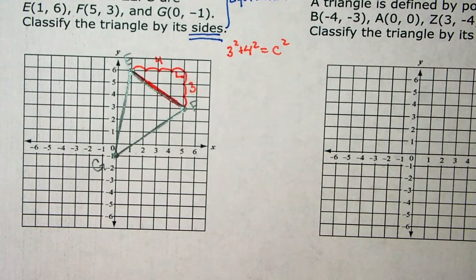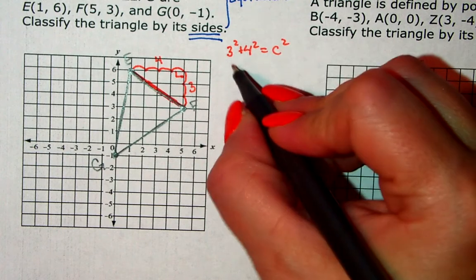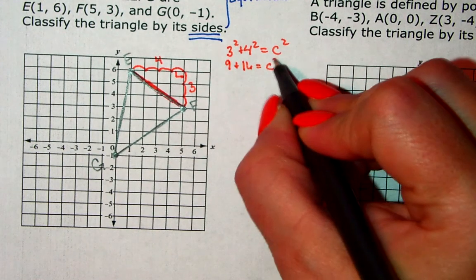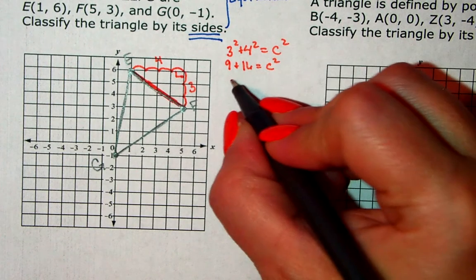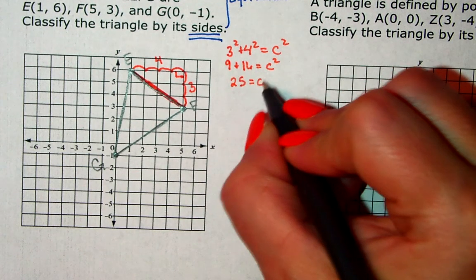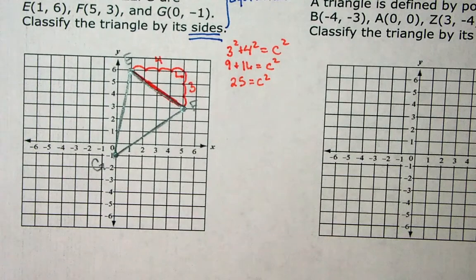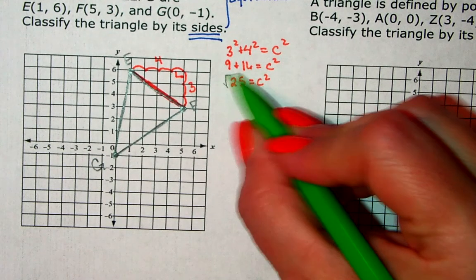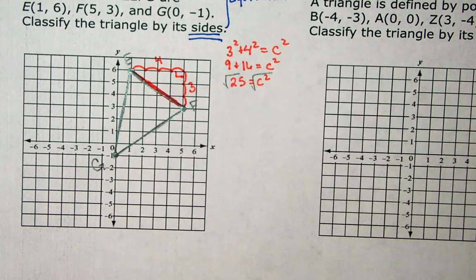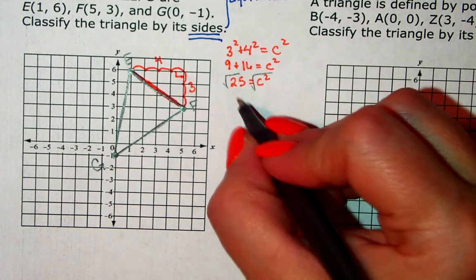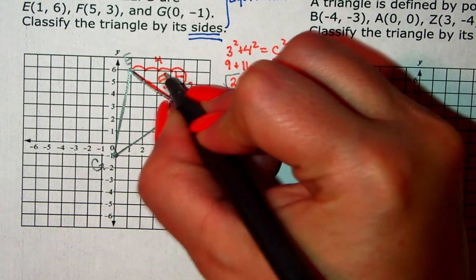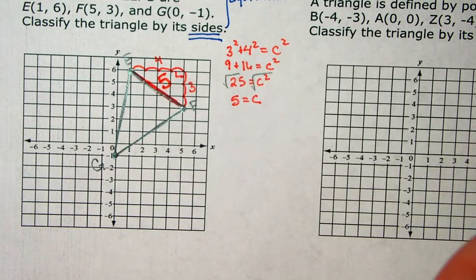So 3 squared plus 4 squared equals c squared. 3 times 3 is 9, plus 4 times 4 is 16, equals c squared. 9 plus 16 is 25, equals c squared. Again, I don't want c squared, I want just c. The opposite of squaring is square rooting. So I square root both sides and I get 5 equals c. So the length right here is 5 units.